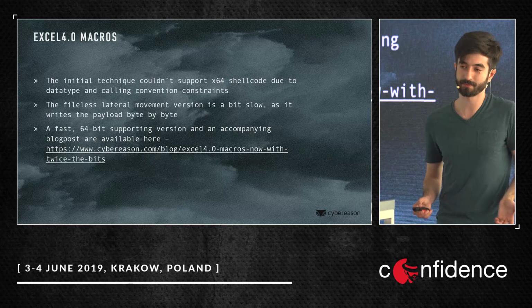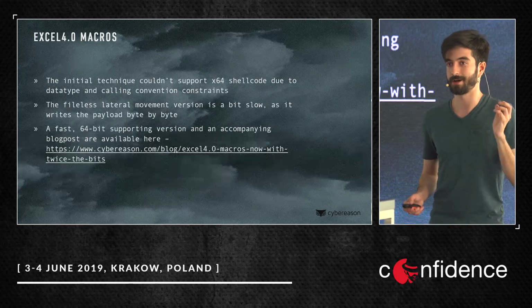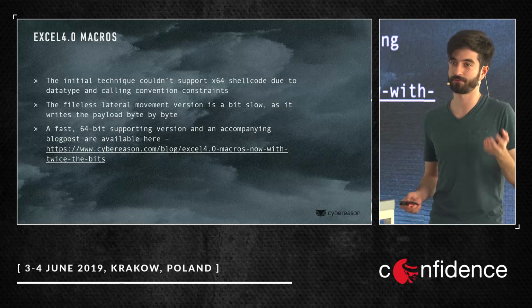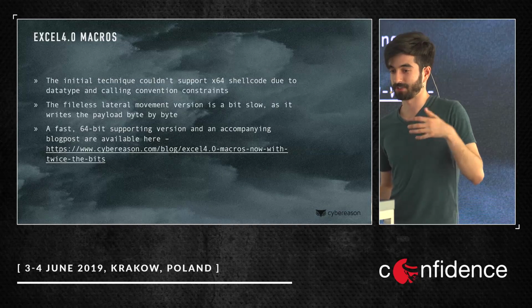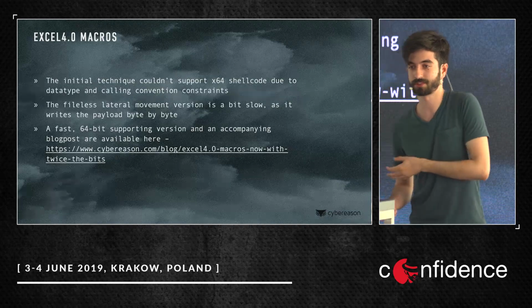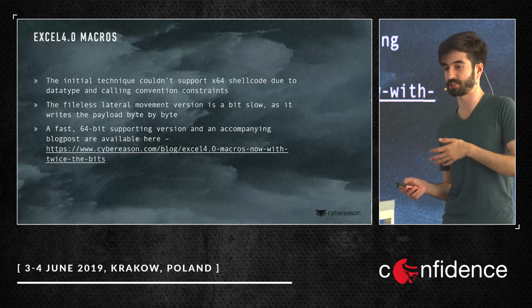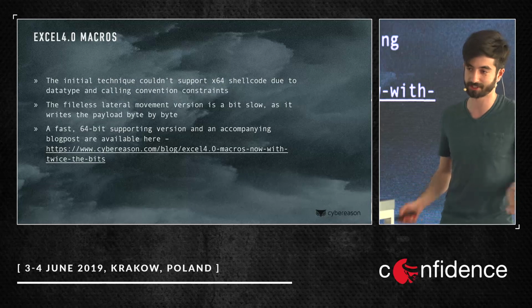One of the main problems with Excel 4.0 macros was that the x64 version was a bit broken, meaning that you couldn't really run 64-bit shellcode due to some weird data type and calling convention constraints, and you would basically have your stack corrupted and lots of weird stuff.